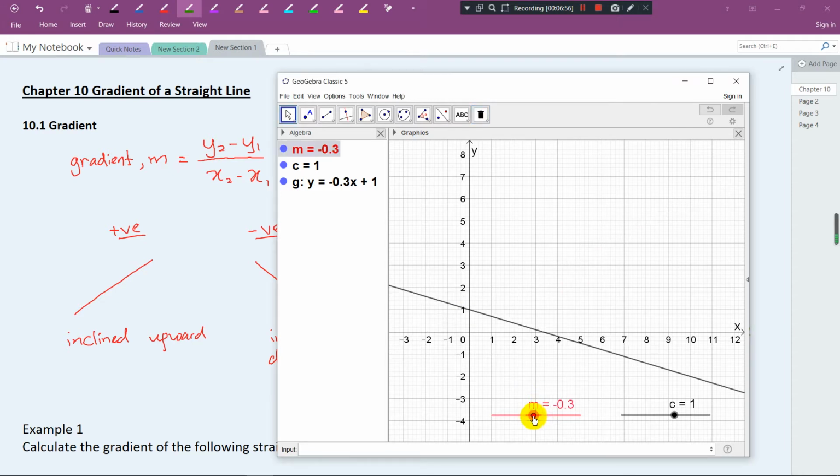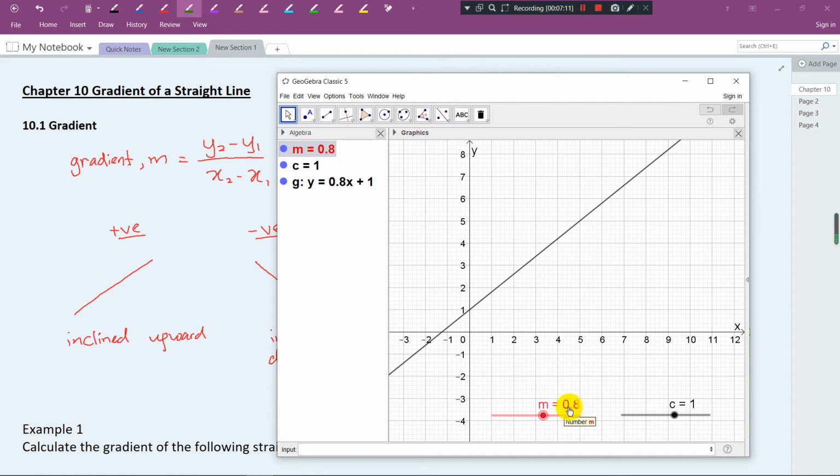If I change it to negative, the straight line is going downward, inclined downward. When we compare the steepness between two lines, we just look at the number. When I increase this number, it becomes steeper and steeper. When I decrease the number, it becomes less steep.